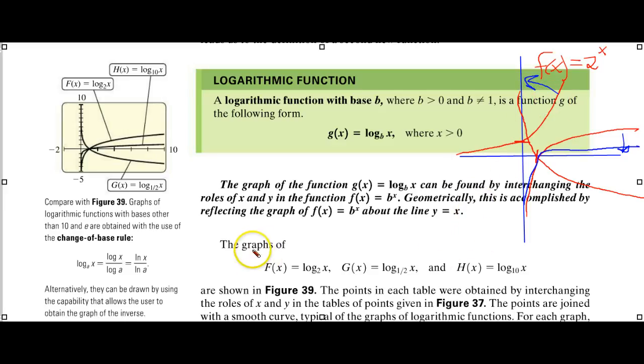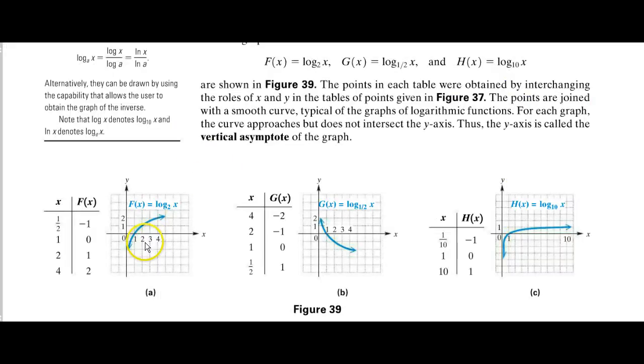Okay, so these are the graphs of these, and it gives you some background. Now remember, you can use your notes based on what they're asking you. So they are giving you some more detail in regard to the inverse of these.